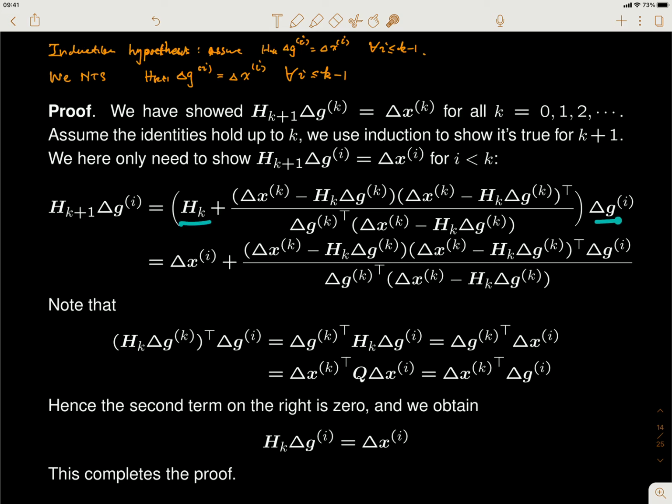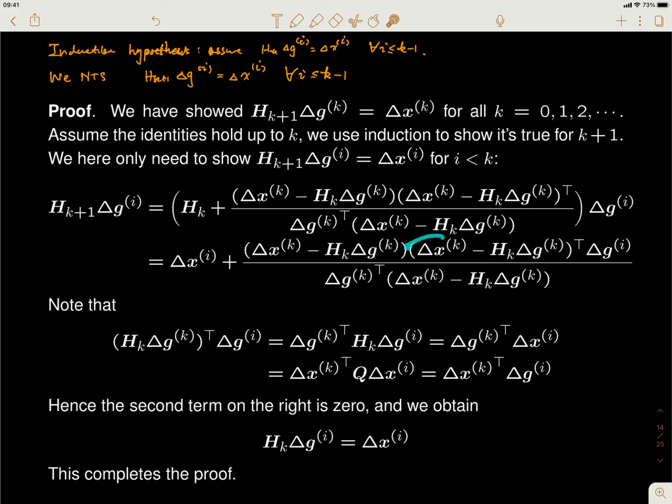So this gives us the delta xi. And next, multiply this whole thing to delta gi. But this is a row vector and a column vector, so put them together. That will just give us this part. So this becomes a scalar. This is again the scalar we had, and this is a column vector.